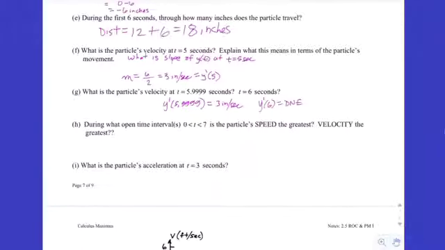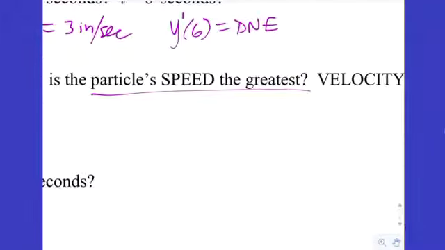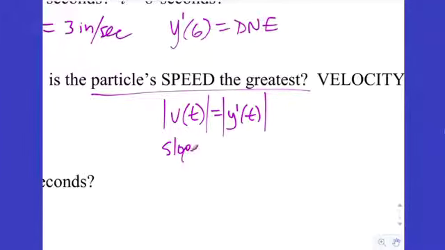During which time intervals is the speed the greatest? If we're looking at speed, that's the absolute value of velocity, right? Which is the absolute value of y prime of t. So I want to know then when the slopes have the greatest magnitude.